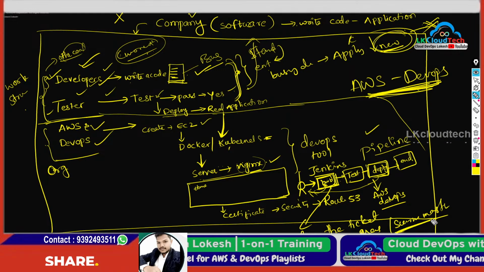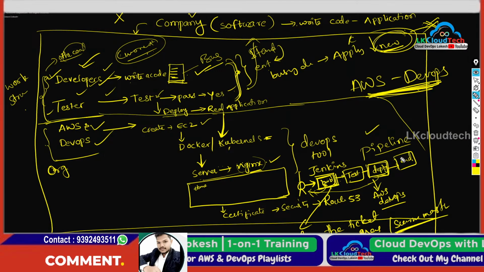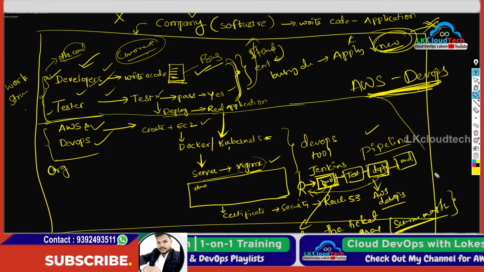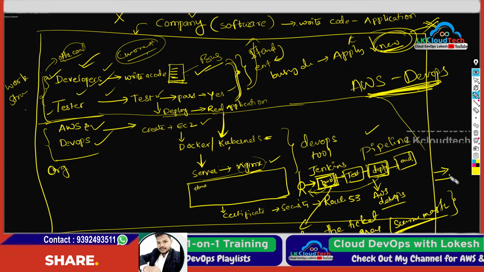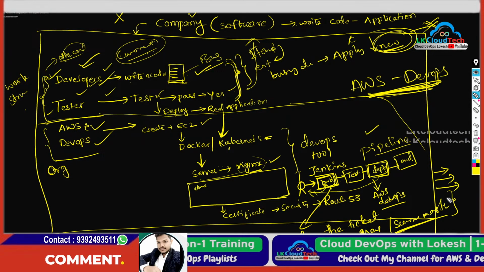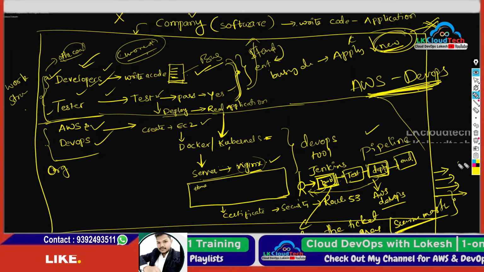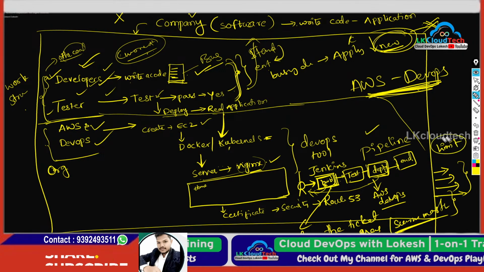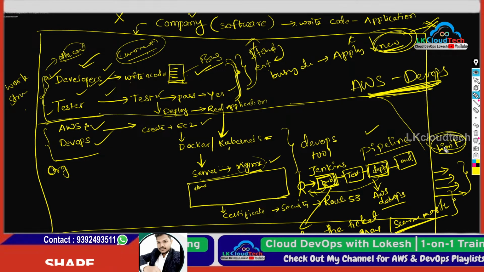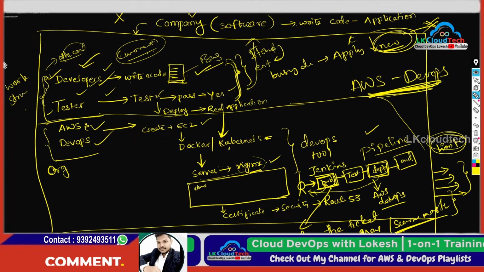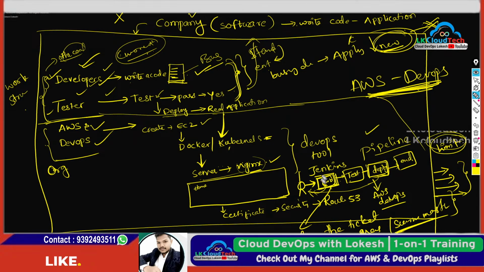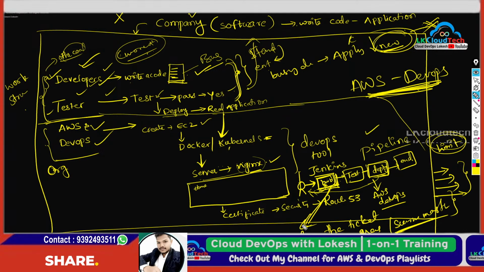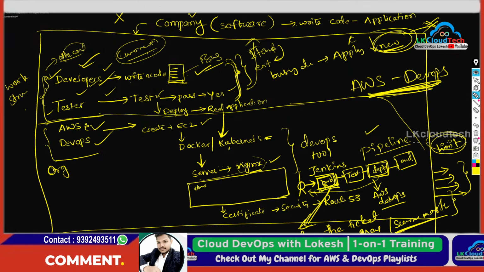Clear? The scrum master will take care of the entire project: what the developer will do, what the tester will do, what the DevOps team will do. They will give you certain limits, a time limit for the project, and under this time limit these people need to work. If something happens to your code and you get some issue, you will report this to your manager.